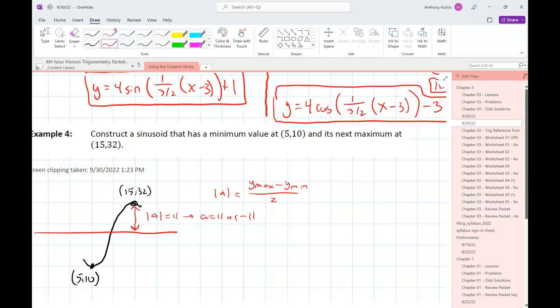No. The midline is going to be 11 up from the minimum, right? So this must be 21. Oh my god. But I was right the first time.